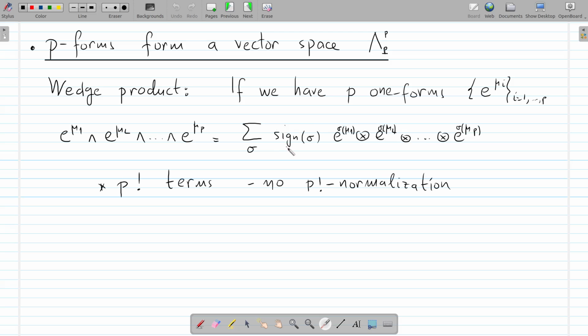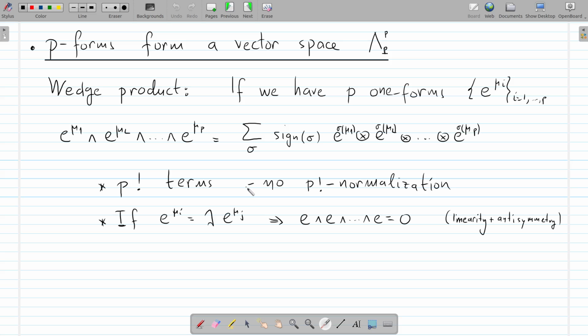So that will give us p factorial terms, and of course this product will be antisymmetric with respect to the exchange of any of the factors of the product. Notice also here that we introduce no normalization in front of the sum.